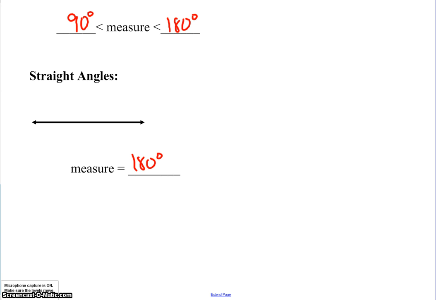If I want to know how large that angle is right there, and you ask, well, where's the vertex? You could make that point the vertex and say, okay, there's one ray, and then the other ray is going in the exact opposite direction. They're like opposite rays. Then that angle is thus 180 degrees, a straight angle.